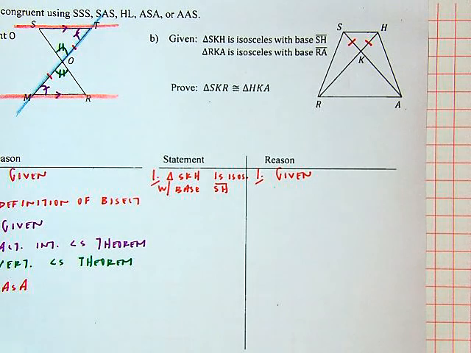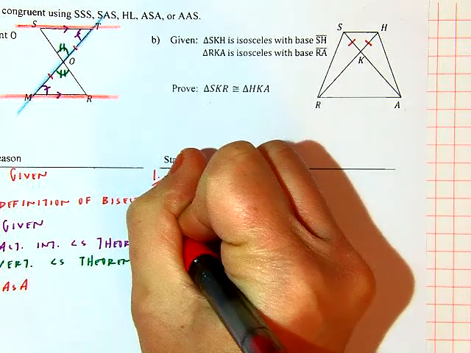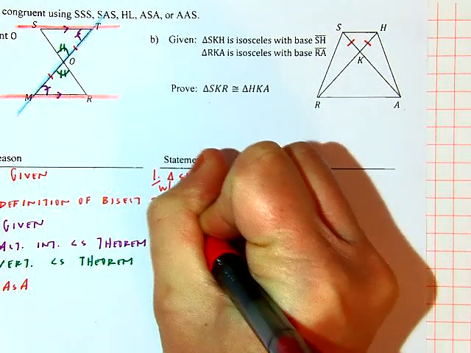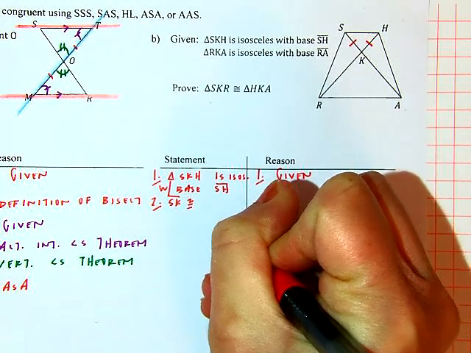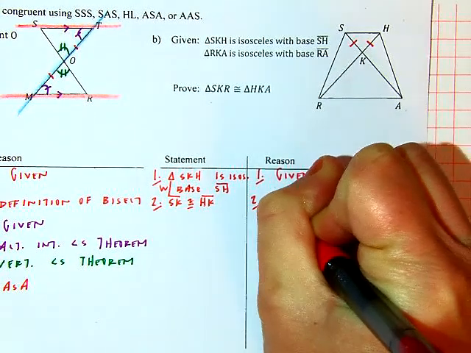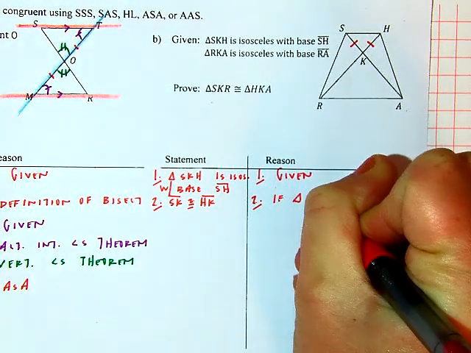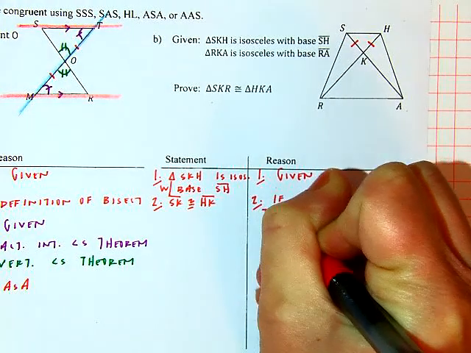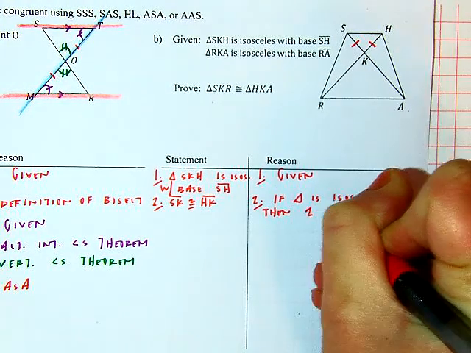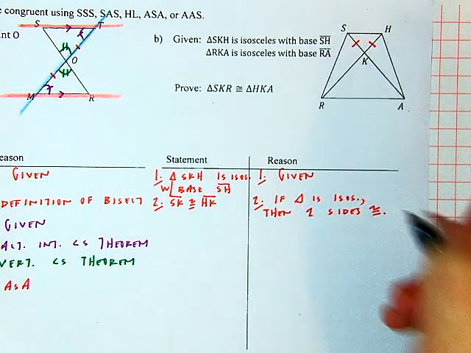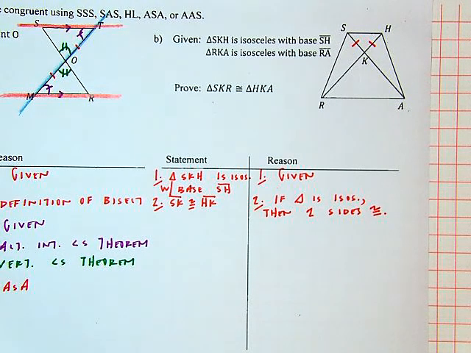So now I can say that SK is congruent to HK. If a triangle is isosceles, then we have two sides congruent. Right? The angles just didn't help me here.